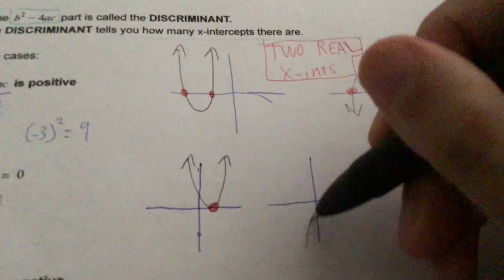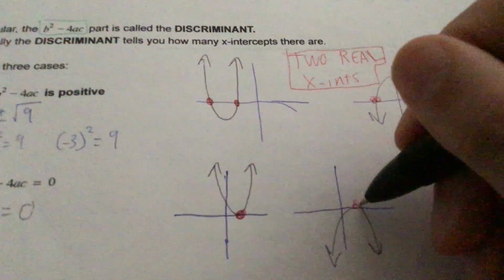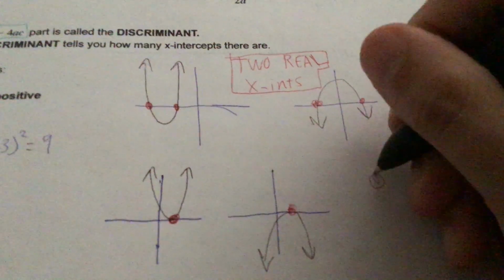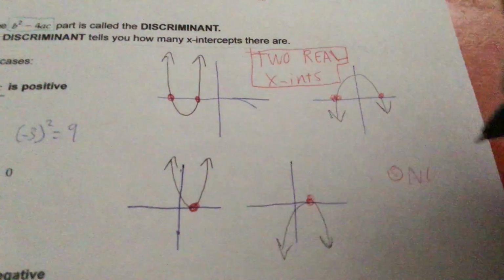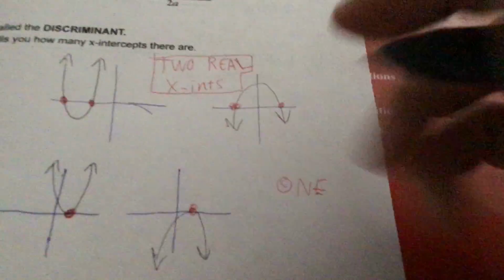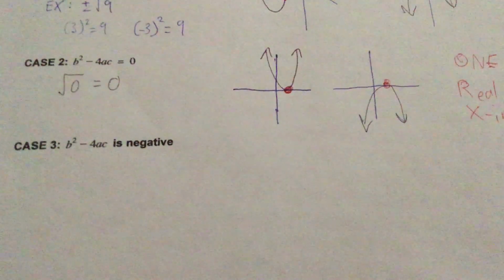Or I could draw it the other way, a sad face parabola. Sorry, let me write this down. There we go. So if the discriminant is 0, that means that there's only one real x-intercept.